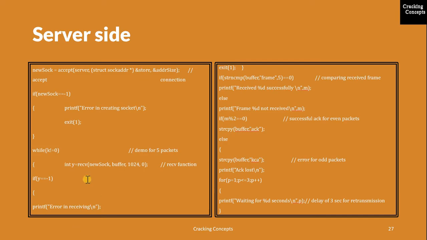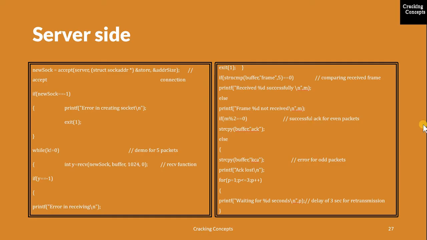Now the server will execute receive function, and what it does is it will receive the packet and check the content inside it. So I have set the code in such a way that for the transmission of 5 packets, if the data is to be shown as being successfully received, I will write the string called frame inside it for the successful receiving.